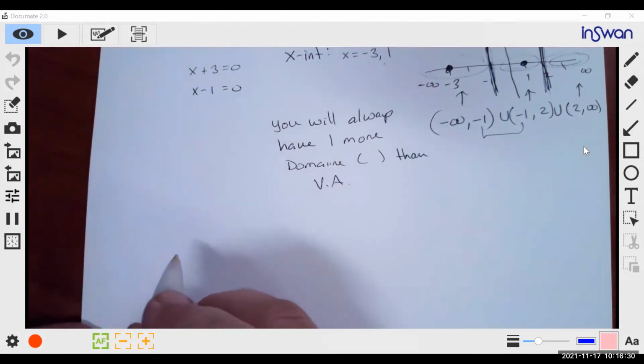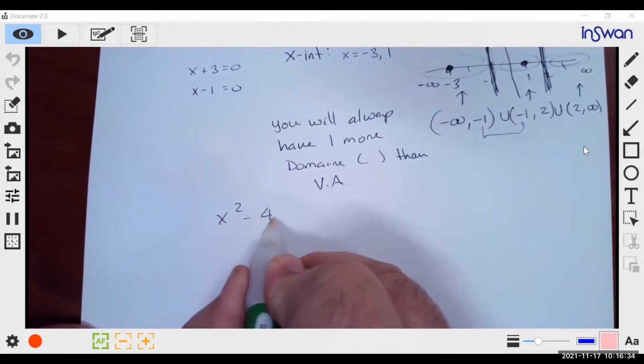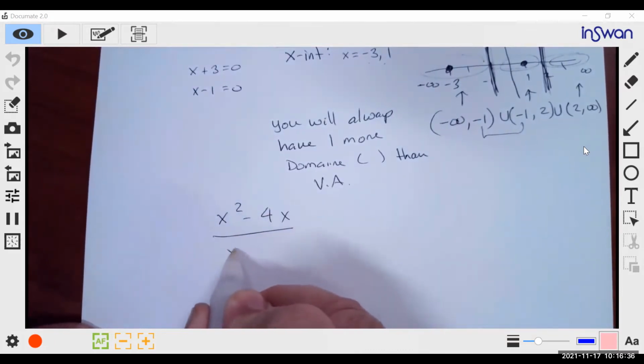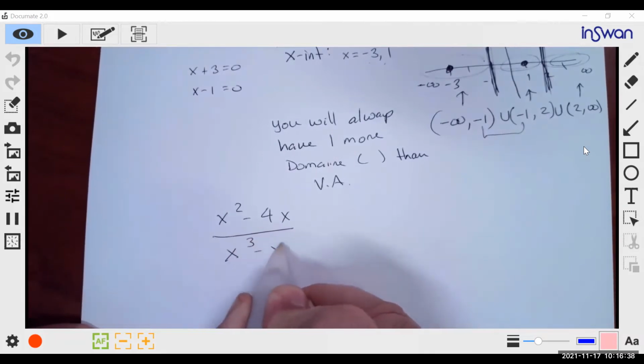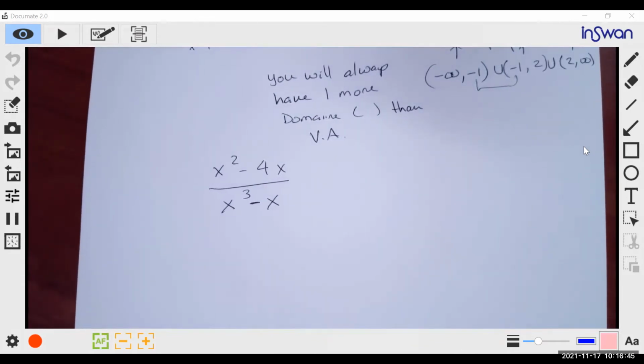All right, the last one. How about this one? X squared minus 4x over x cubed minus x.